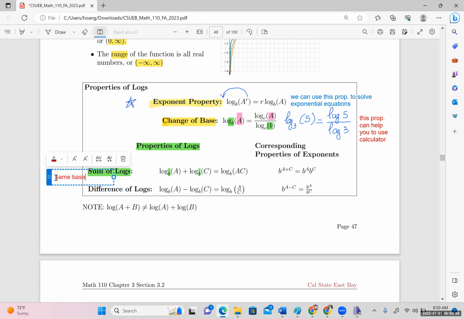Same base b in both of these cases. You will combine them together and make log base b of a times c.